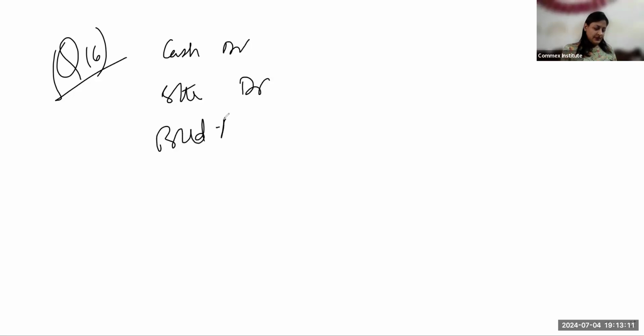Question number 16. First entry, Muskan started business with cash, stock and building. So it will be cash debit, stock debit, building debit to capital. Construction of power backroom will be office building account debit to cash.